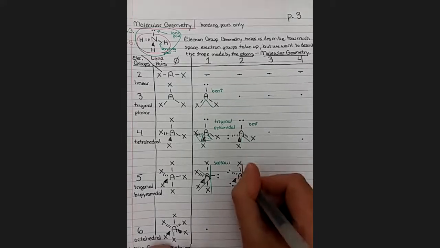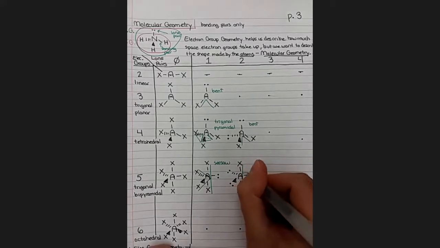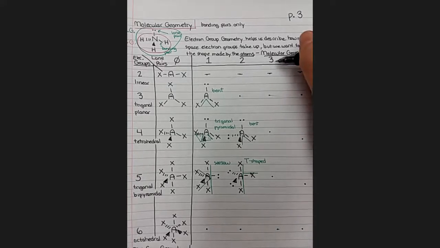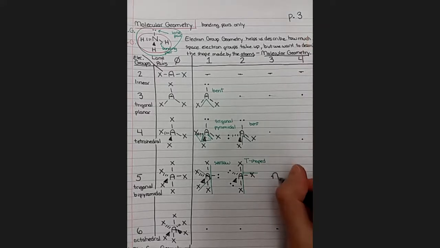And now the shape looks like an axis with 1 leg, and it looks like the letter T. So this is called T-shaped. I guess they ran out of creative ideas for that one. And then we can replace a 3rd atom with a lone pair. Yes, molecules like this do really exist.